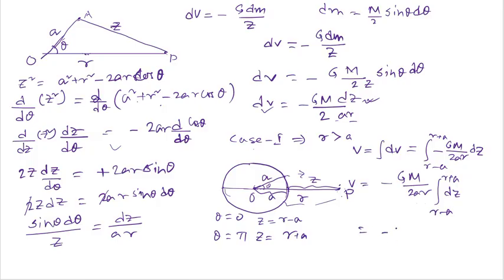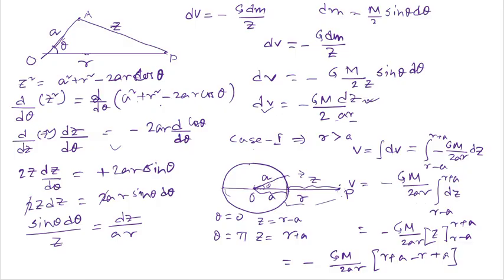So I can write z from r minus a to r plus a, and finally if I integrate I'll get, over 2ar, r plus a minus r plus a, and r will get cancelled, 2a, and this a will get cancelled.